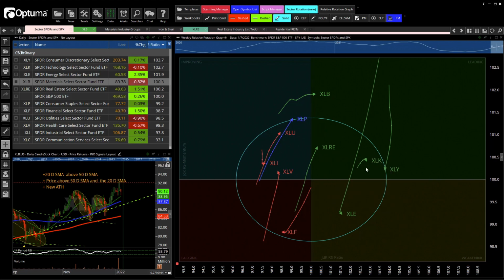So I like to focus on the stocks that are either improving here, such as the staples and utilities, but more likely what we're looking for is opportunities where we have existing leadership in the sector, but we want to look for some of the candidates in those sectors that are actually improving and moving into these groups.